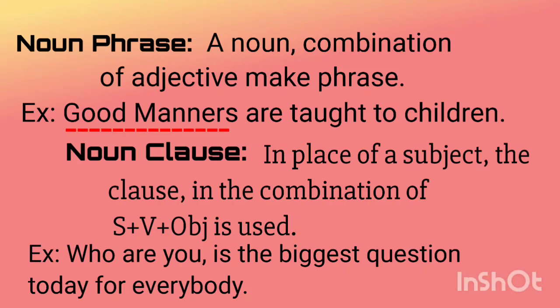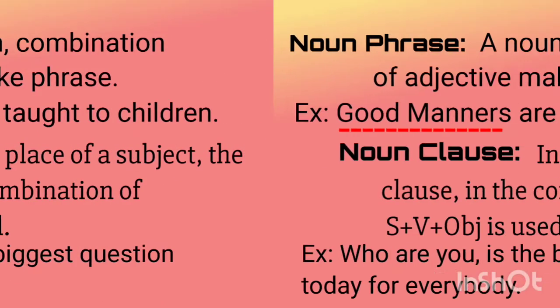Coming to noun clause. A noun clause is a combination of a subject, verb and object. A noun clause acts as a subject in the given sentence, in the structure of again subject, verb and object. Look at an example. Who are you is a clause.